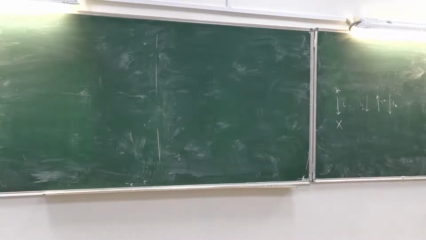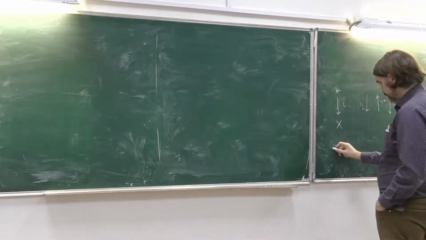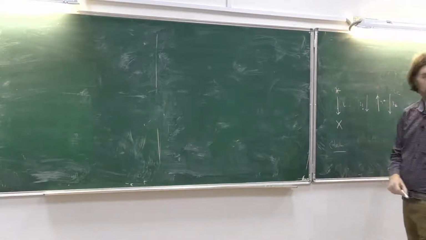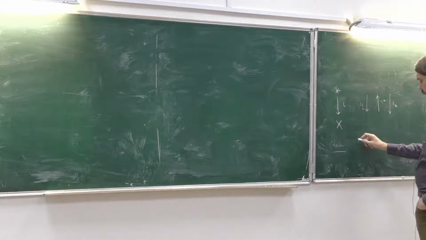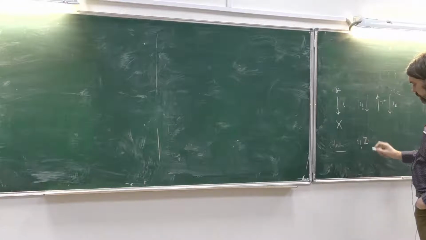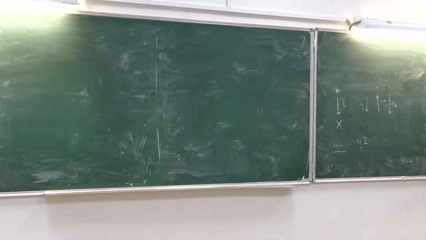And the claim is that if I push forward just the constant sheaf on the point, so just Z, this is a comment for those for whom it makes sense. It's not necessary for the rest of what I want to say.